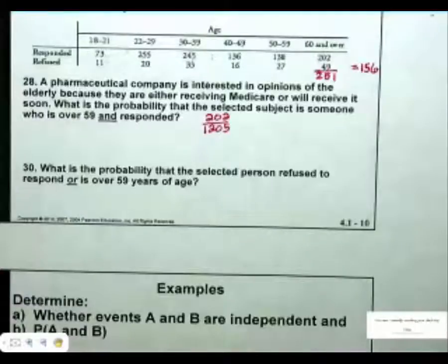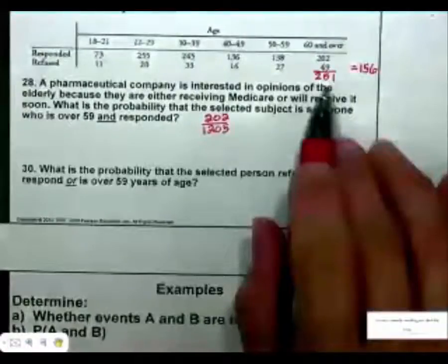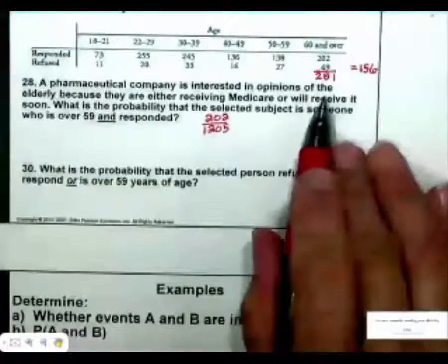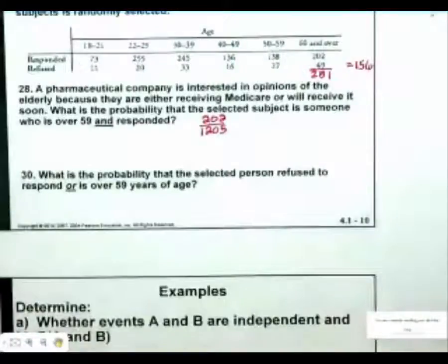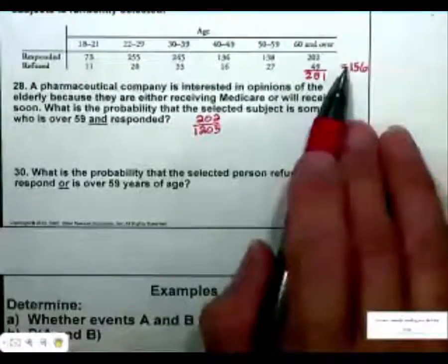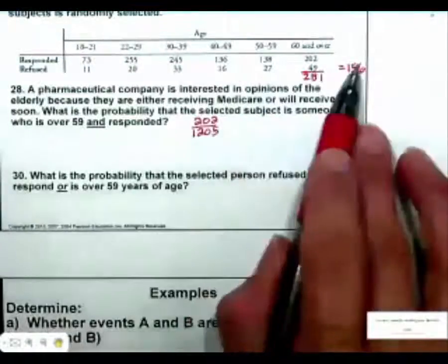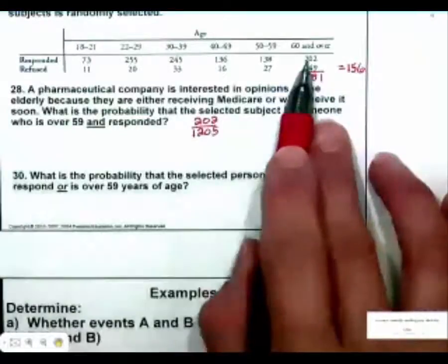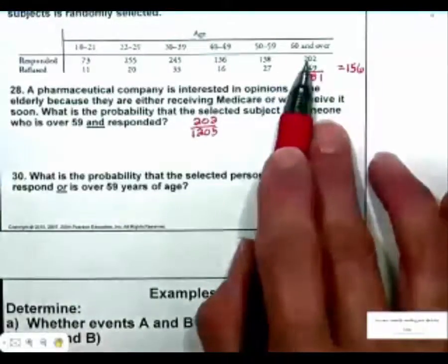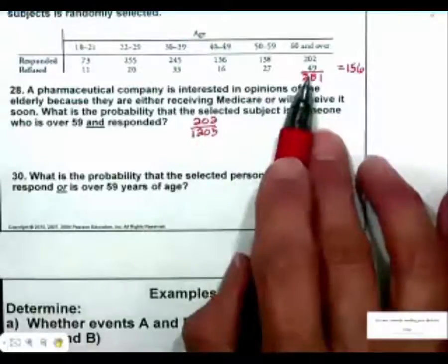I need to be pointing here so it shows up on the video. I can either add those two numbers and subtract off the 49 who were counted twice, or I can just take this 156 and add the 202 to it. And that way I wouldn't be counting the 49 twice.